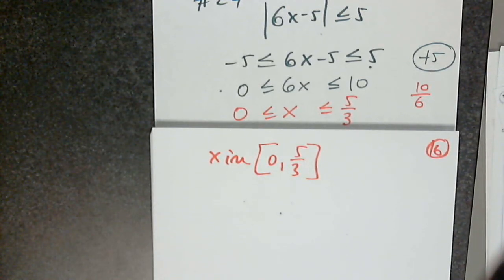Review the handout. Review everything we've done in class. I don't know what else you want me to. We can go back to radical equations. We can go back to complex numbers. We can go back to simplifying radical expressions, whatever you want.